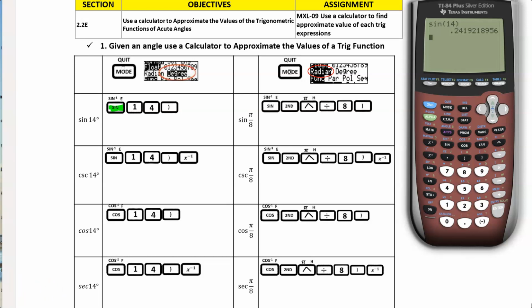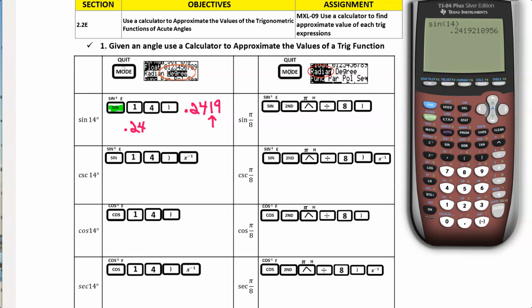Let me check. So we'll round this answer to 2 decimal places. If we're looking at 0.2419, 2 decimal places means I look at the 1, and it tells me leave the 4 alone. So my answer is going to be 0.24.